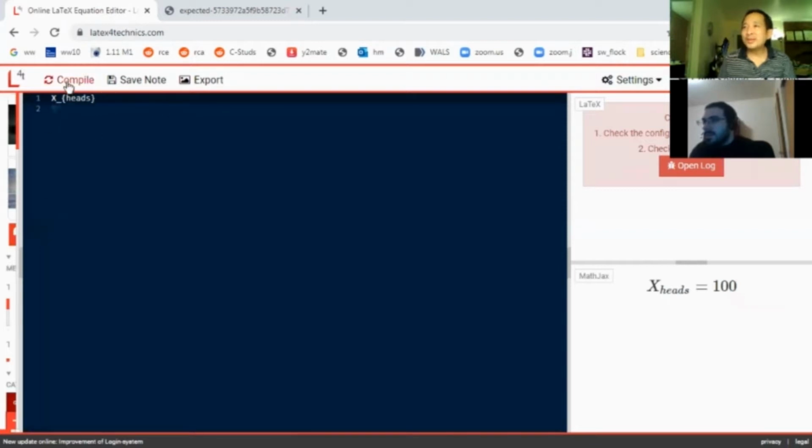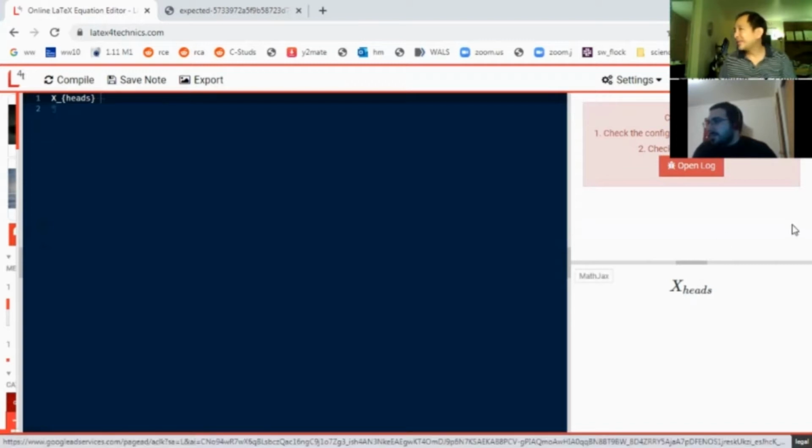Let me just compile. Okay, yeah, it's on the right side. The MathJax likes it. It's rendering it down here on the lower right. So X heads equals 100%. Now let's do a compile. All right, it likes it. Yeah, equals 100.